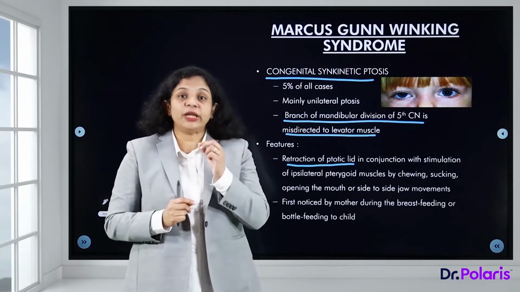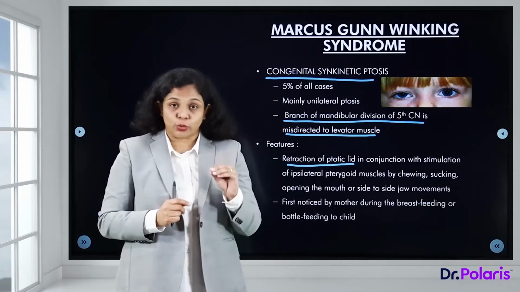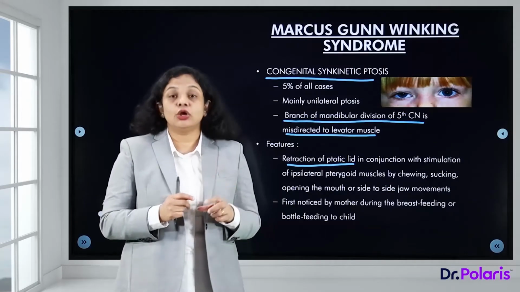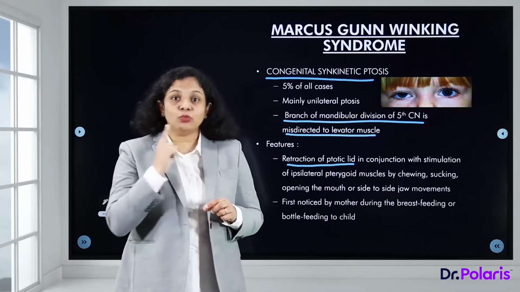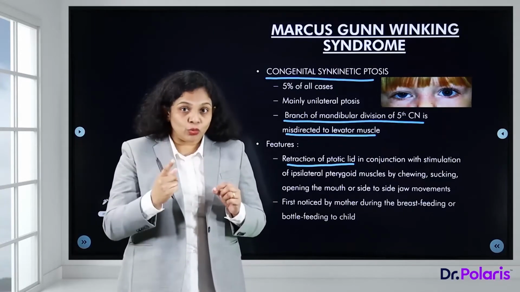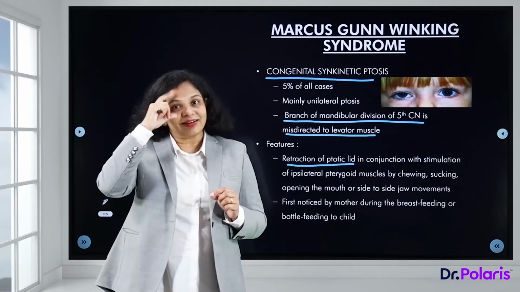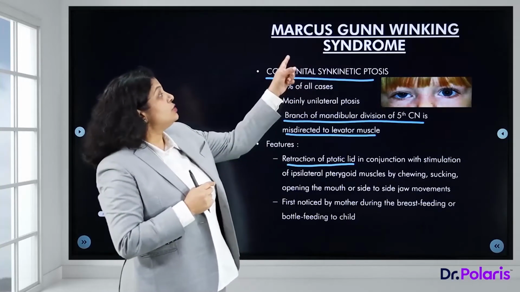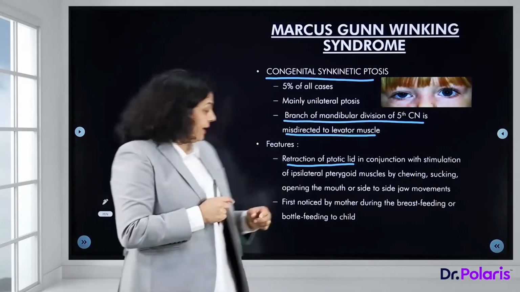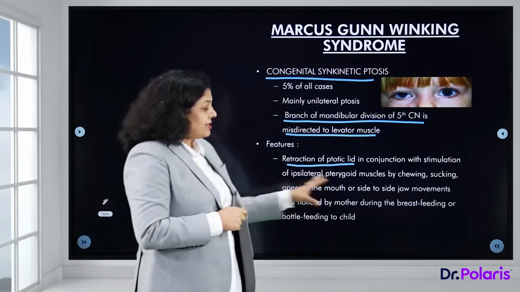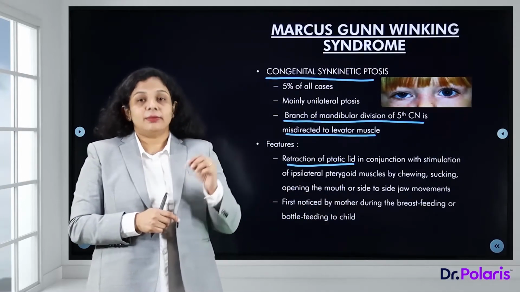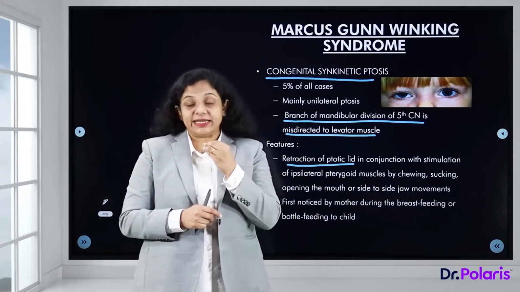When there is a movement of your mouth, as in chewing action, or opening of the mouth, or sucking action, or side to side movement of your jaw. So whenever the pterygoid muscle moves, the ptotic lid retracts. This is what is known as your Marcus-Gunn winking syndrome. Usually this will be noticed by the mother when the child is having the breastfeeds or while the child is eating.